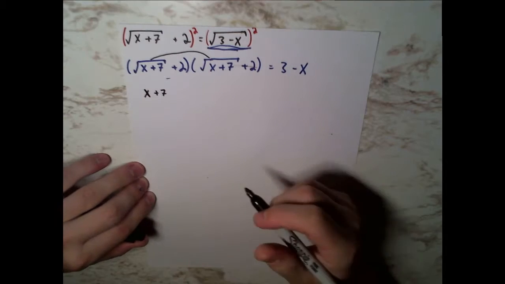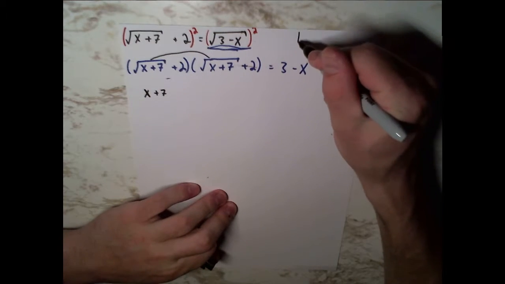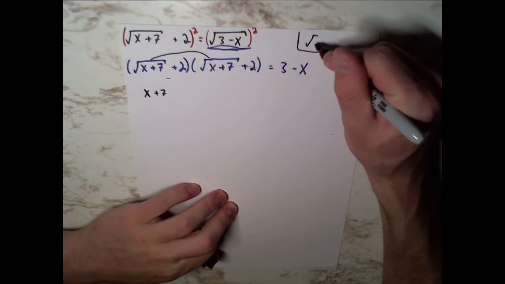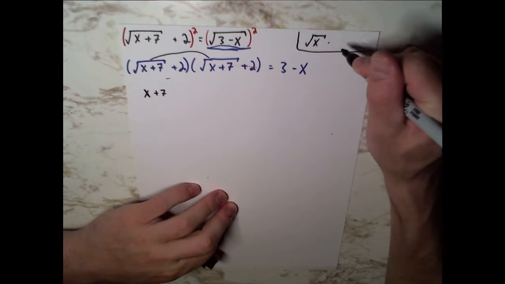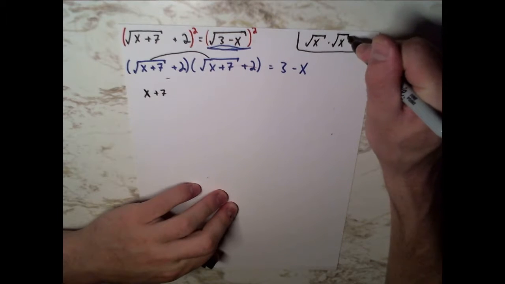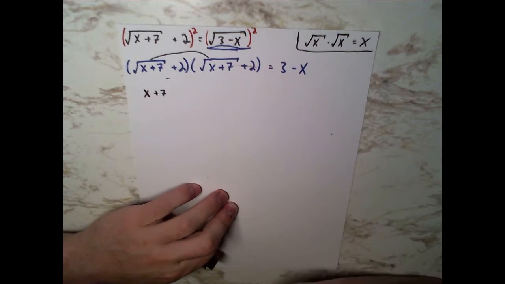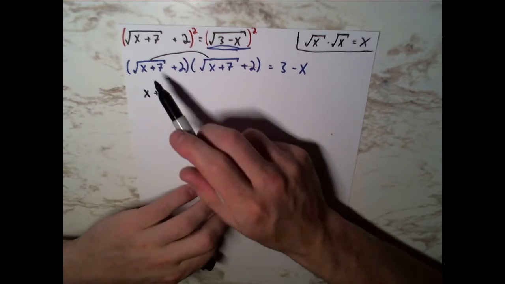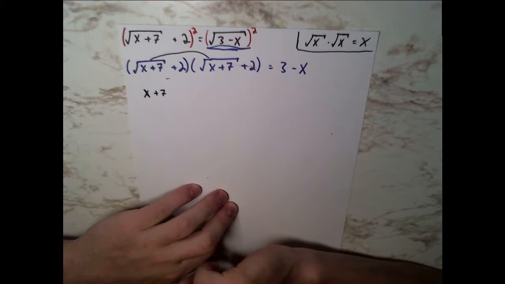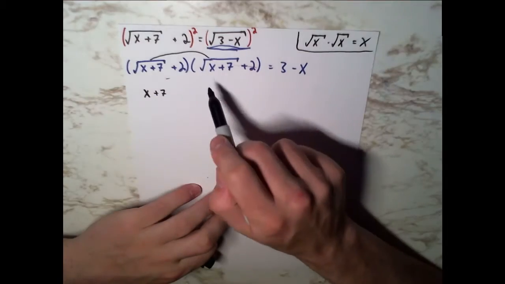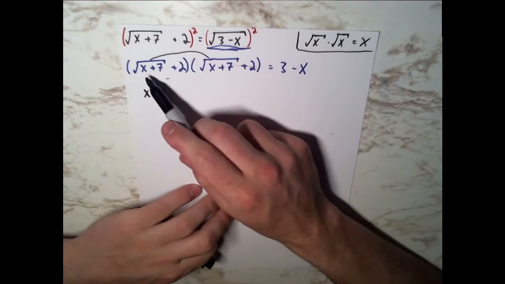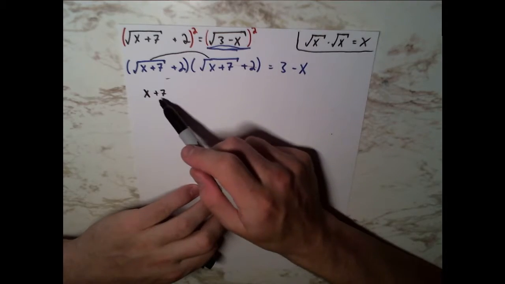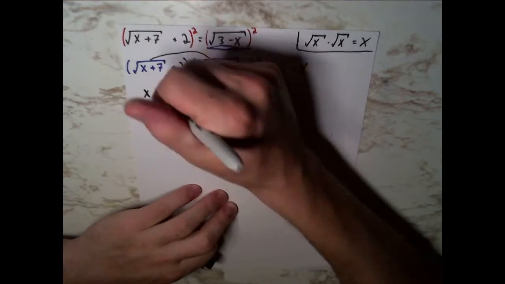As a general rule, root x times root x is going to be equal to just x. The fact that we're multiplying two of the same thing together pretty much means that we're squaring it. So a root times a root just gives us what's underneath. So we have x plus 7 as our first term.